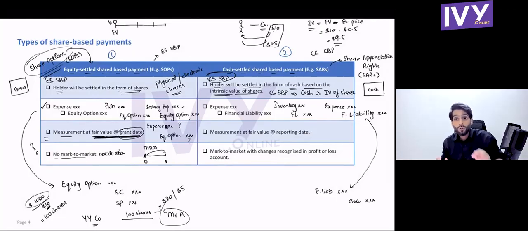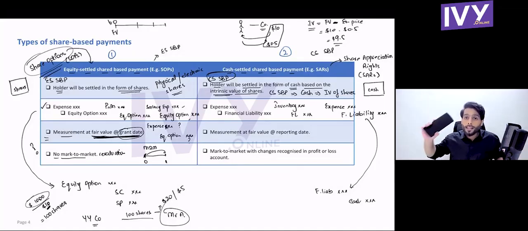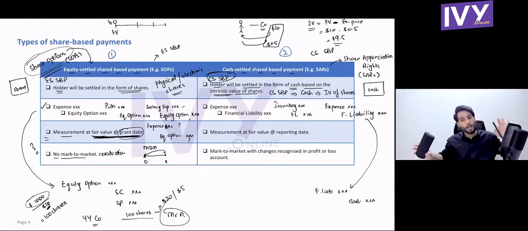Since there is no fair value risk on the company, therefore, no mark to market or fair value revaluation is done by the company. The holder is at risk. The share price may go up or down. I'm not at risk. I promised the other person 100 shares. I have to pay him 100 shares irrespective of what the price is after 3 years.